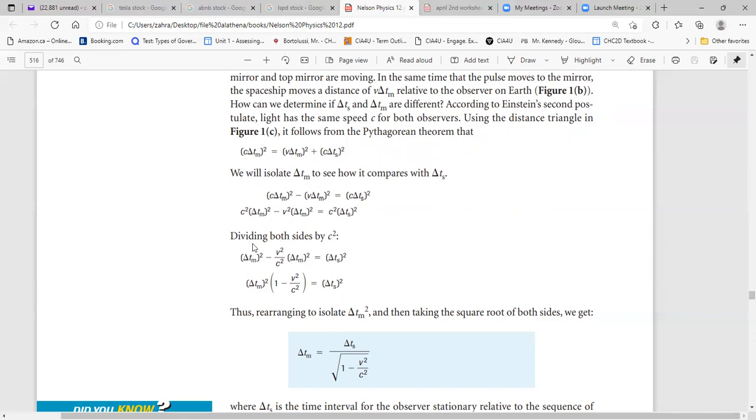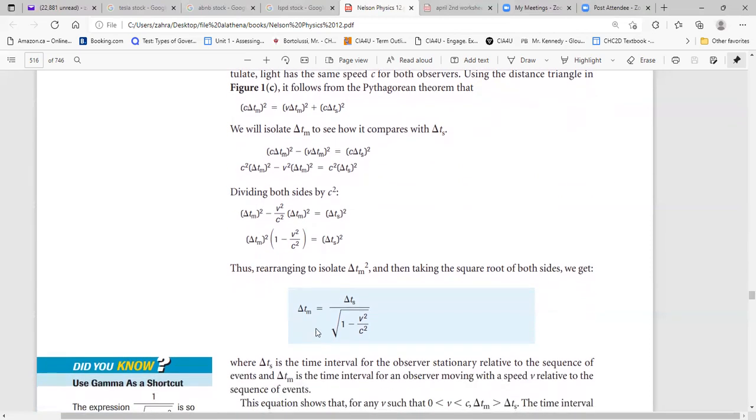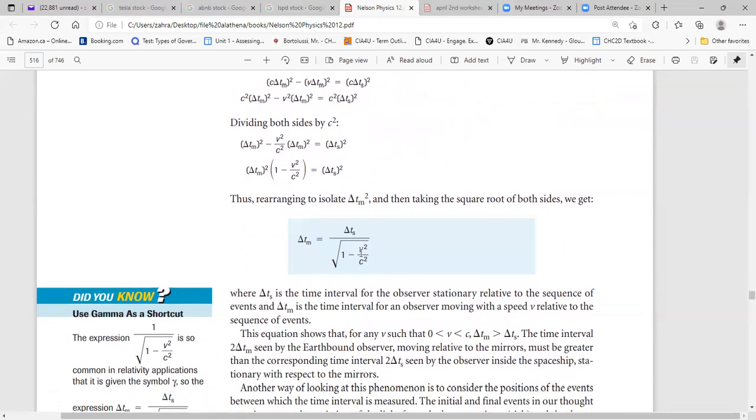Delta Tm², you factor it out. You get (1 minus v²/c²) times delta Tm² is equal to delta Ts². You take the square root of both sides, and you rearrange it for delta Tm, and this is what we have. v is the velocity of the spacecraft again. Delta Tm is the time measured by a stationary observer on Earth, and delta Ts is the time measured on the spacecraft.